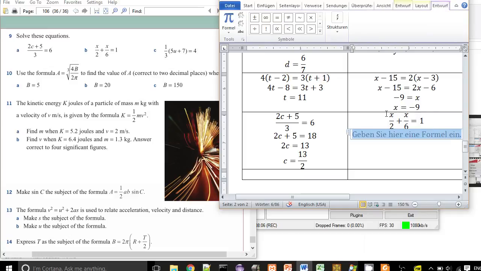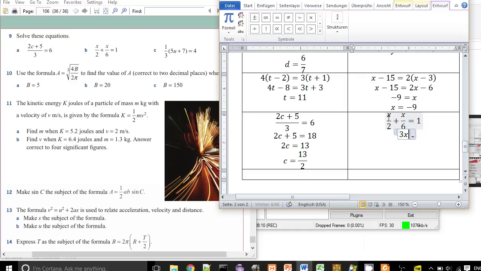Alright? 6 over 2 is 3. So this actually becomes 3x. That might seem a bit weird, but if you've got x over 2 times it by 6, it becomes a 3x, because 6 over 2 is just 3. This one just becomes sort of like a 1. The 6 cancels, so it's just plus x. And we need to times this by 6 as well.